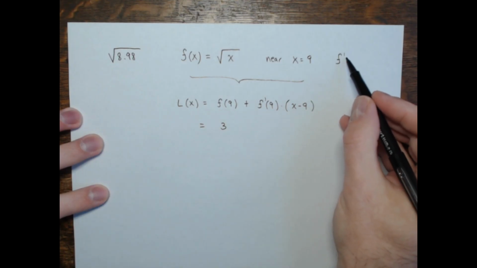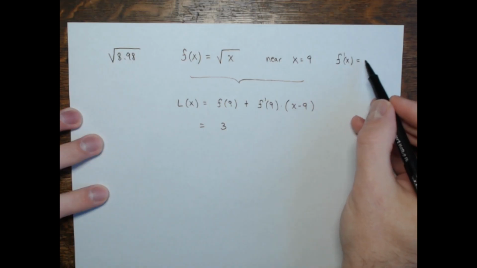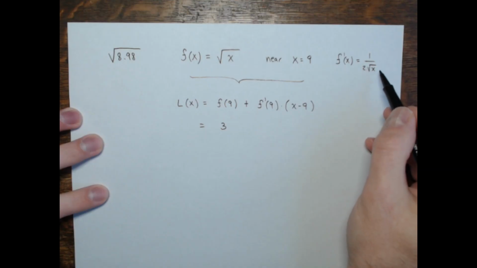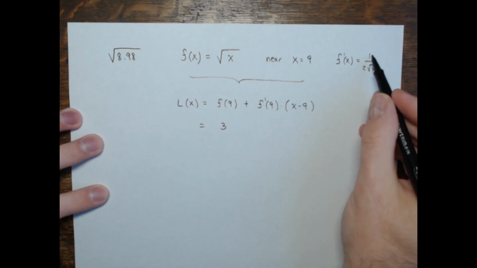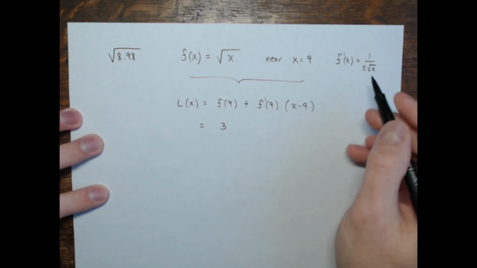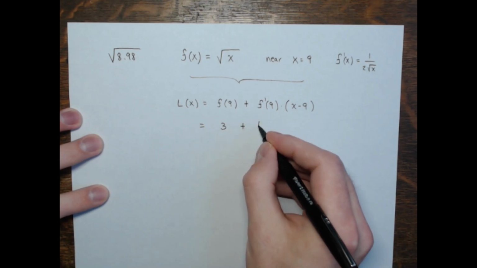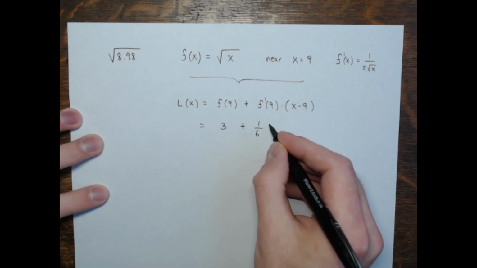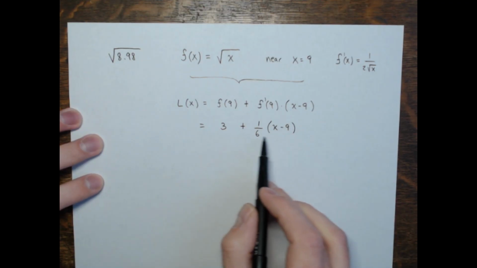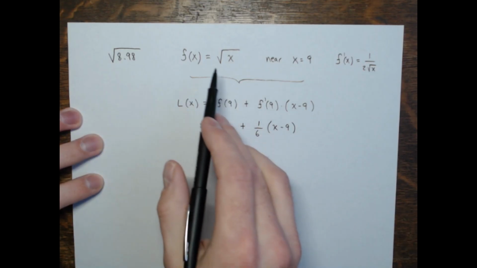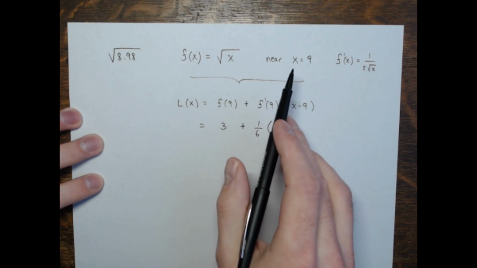The derivative, we saw a similar one with a root earlier. This is 1 over 2 root x, right? This would be half x to the negative half. So the derivative at 9 is 1 over 6, 2 times the square root of 9 down here. So plus 1/6 times the quantity x minus 9. So there's our linear function that should approximate this square root curve near 9.